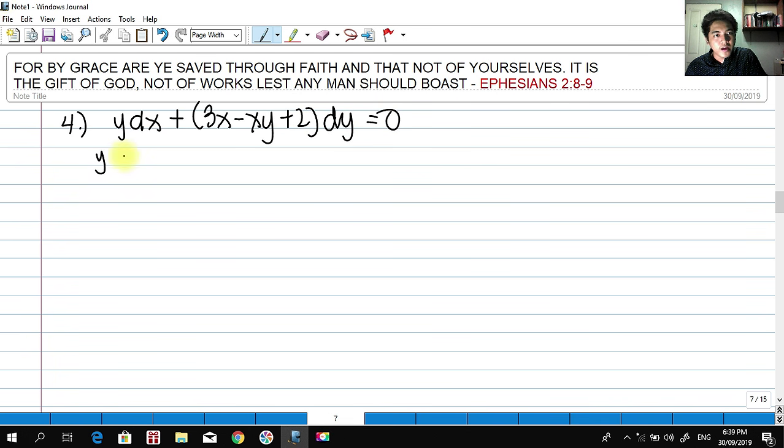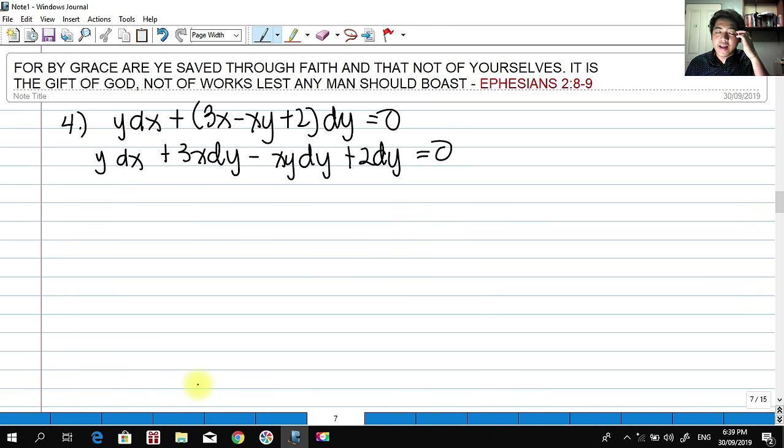If I'm going to distribute, this is y dx plus 3x dy minus xy dy plus 2 dy. As you can see here, you have already an idea that this is linear in x. Why? Because we have only one term in terms of x.